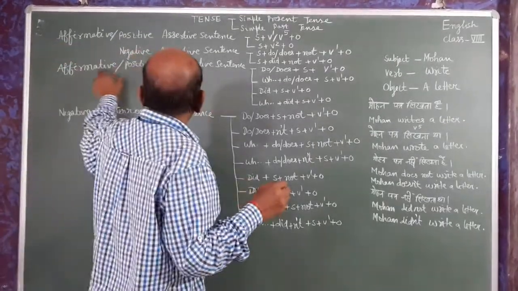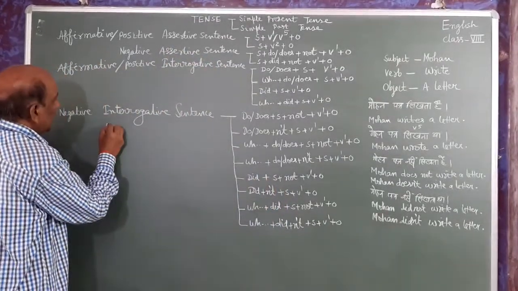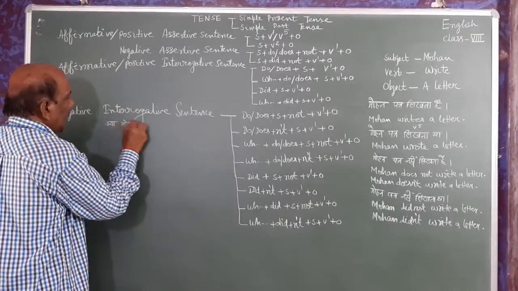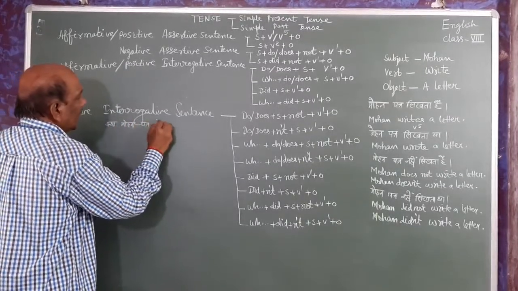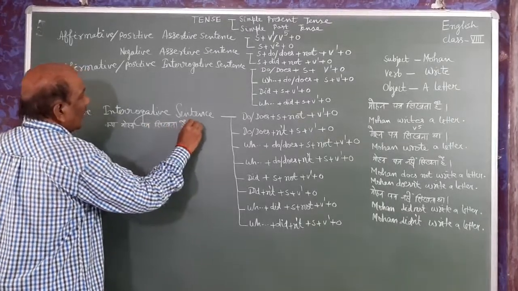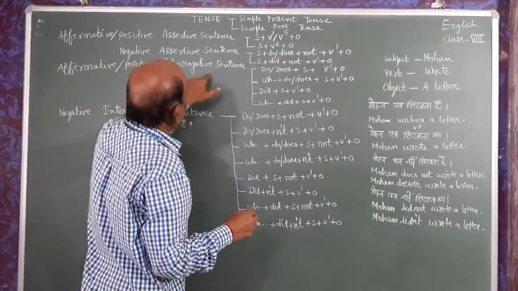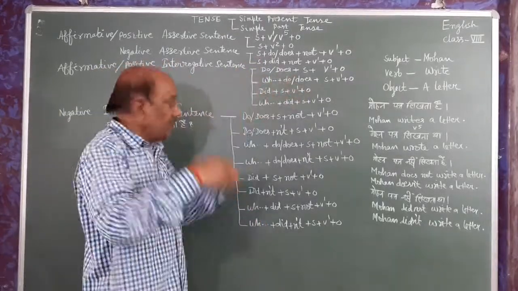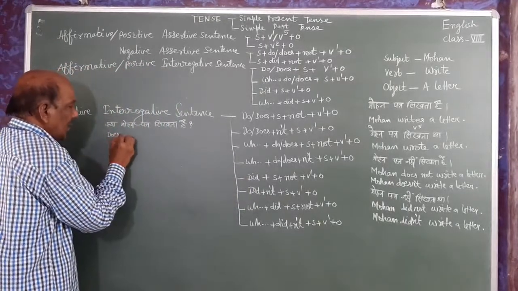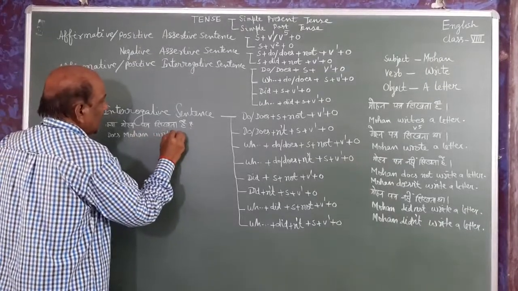Now in questions, in interrogative sentences. Kya Mohan patra likhta hai? So for this, see here, affirmative, positive, interrogative sentence. Do, does comes before the subject. So, does Mohan write a letter?